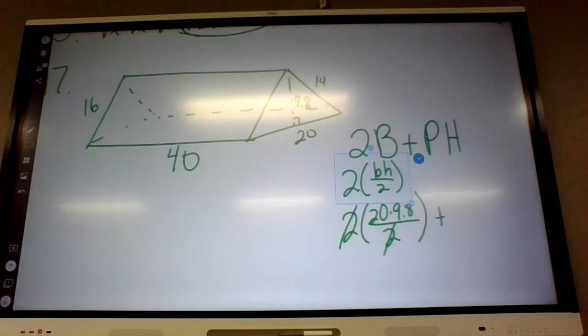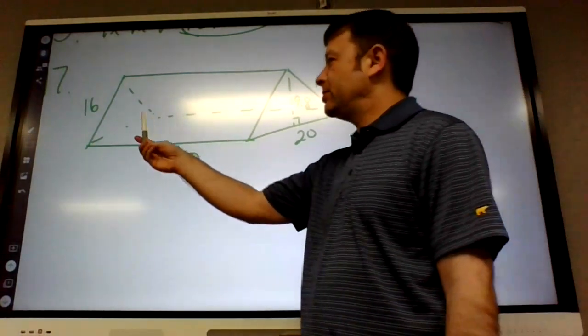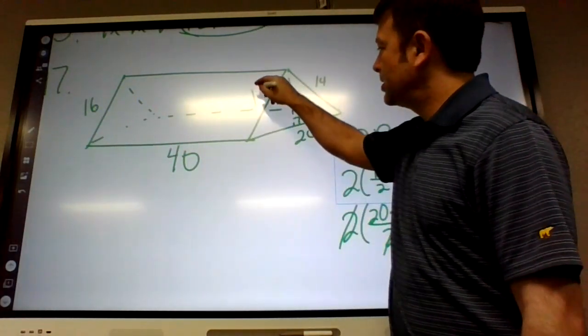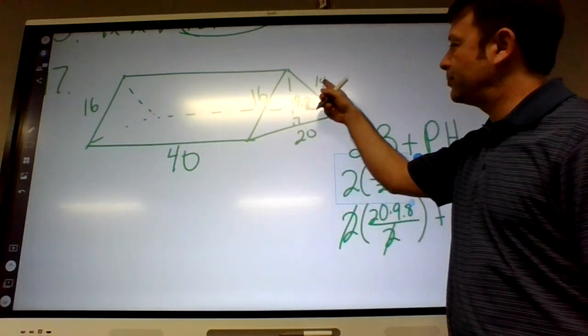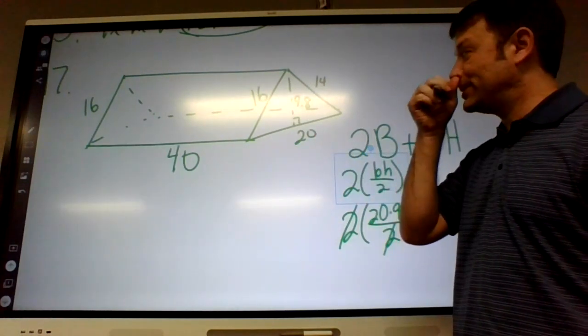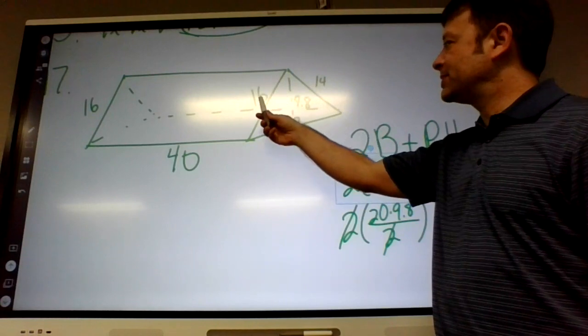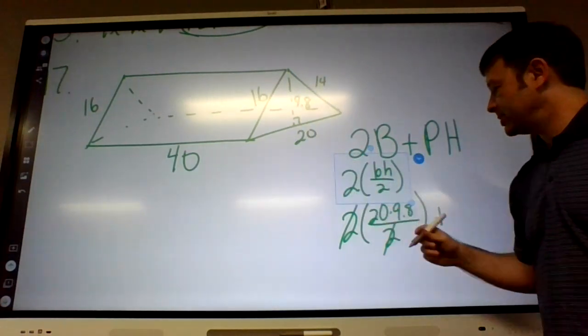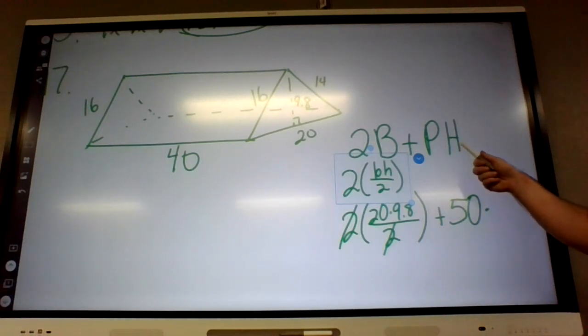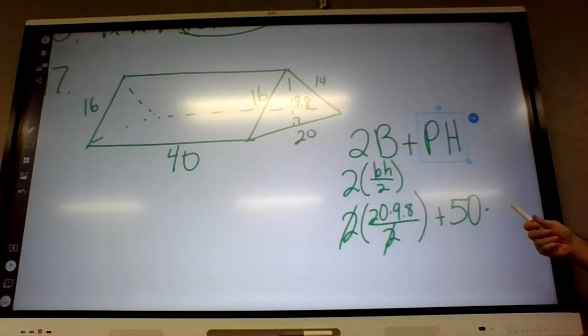What would the perimeter have to be? Or how would I find the perimeter? Well, this is 16 right here, so 14 plus 16 plus 20 would be the perimeter of the base. 14 plus 16 is 30, plus 20 is 50. What would the height of the prism be?